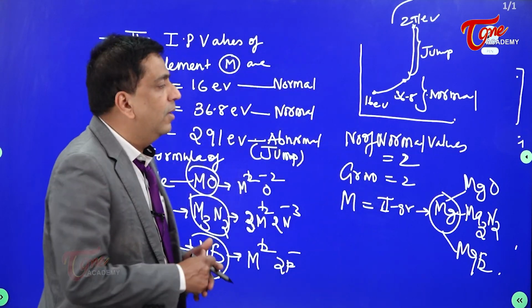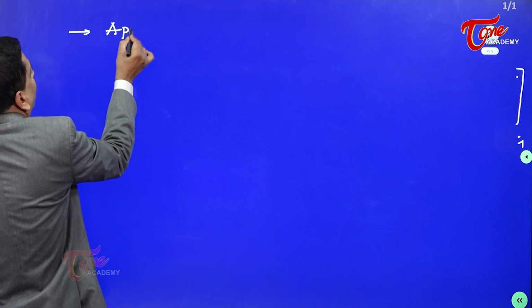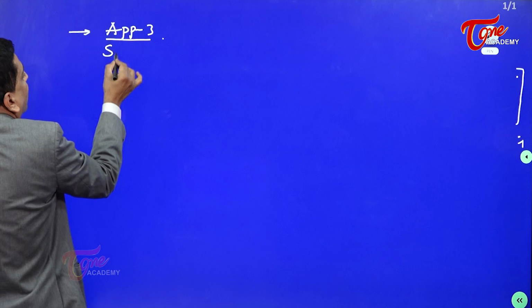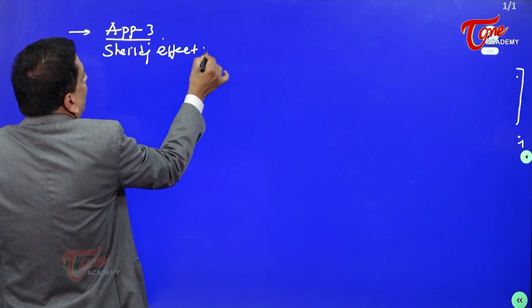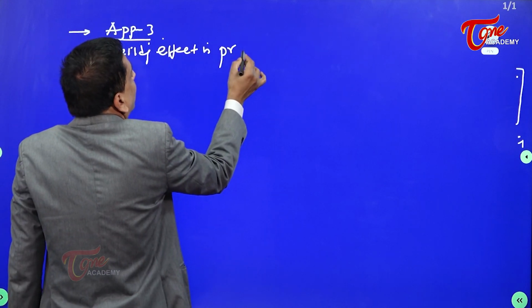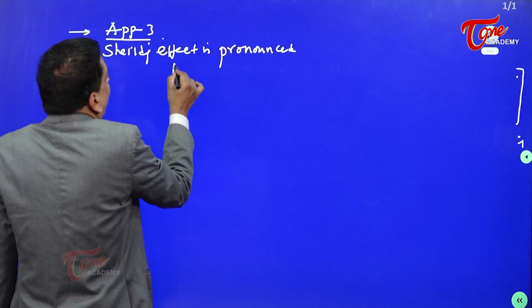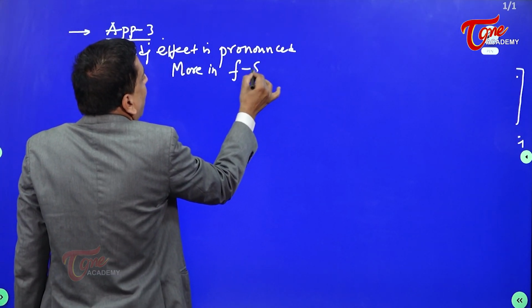Shall we? Observe. Application 3. The shielding effect is pronounced more in the F subshell.